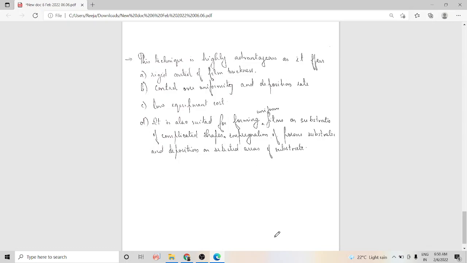It has low equipment cost, and it is also suitable for forming uniform films on substrates of complicated shape. Then it is used for the impregnation of porous substrates. It is used for the deposition on selected areas of the substrate. In all these ways, this technique is highly advantageous.